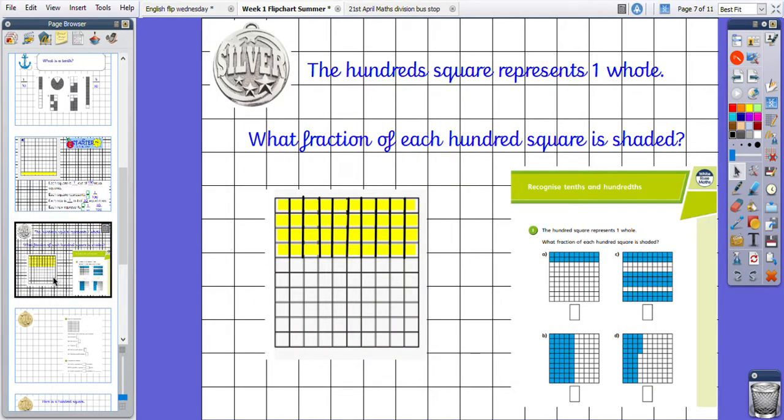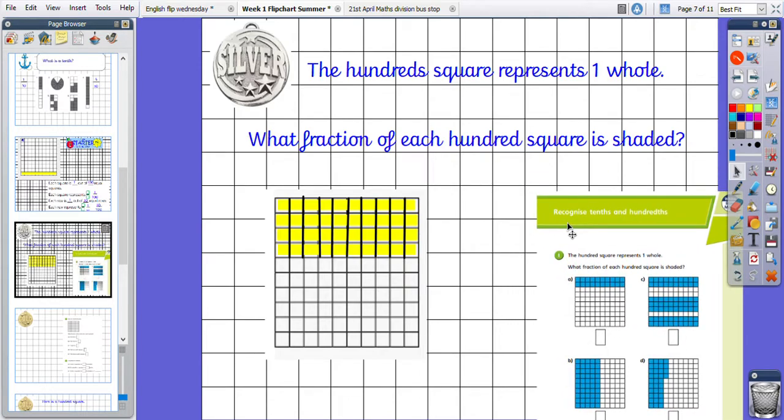So, for silver today, I'd like you to complete question 1 on your worksheet. There are 4 parts of this question, A, B, C and D, and they're all dealing with the hundredths Dean square. And the questions say something like, what fraction of each hundredth square is shaded?